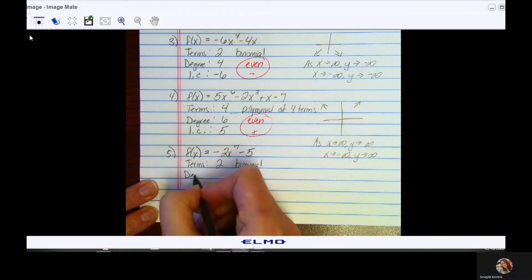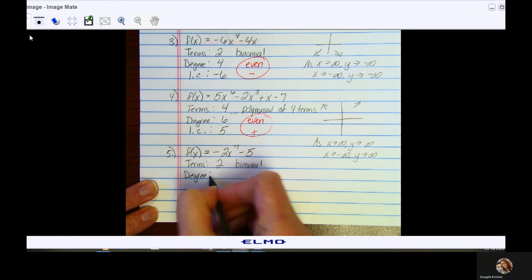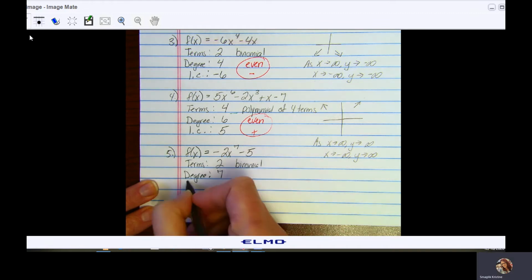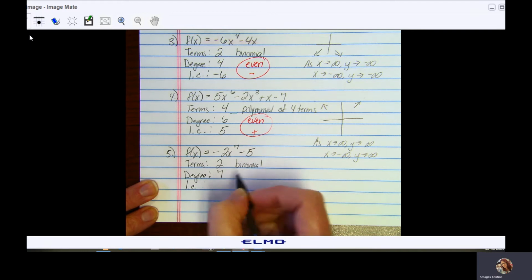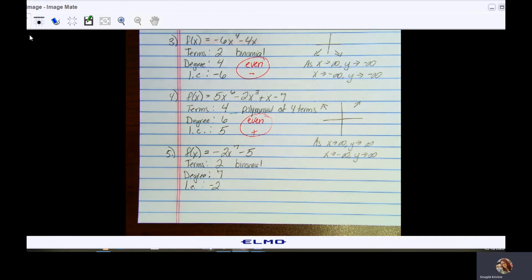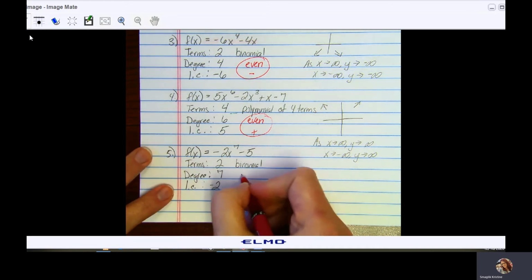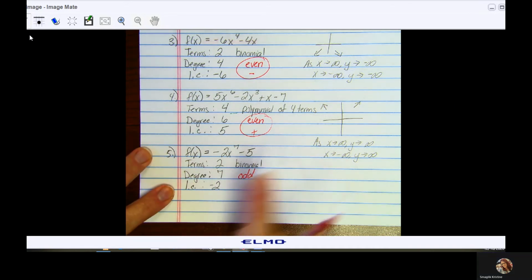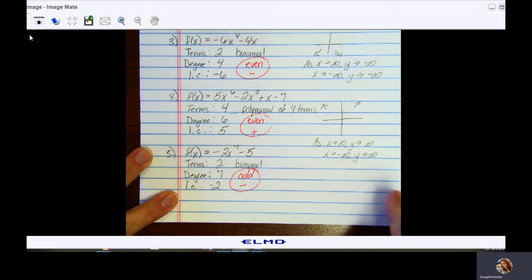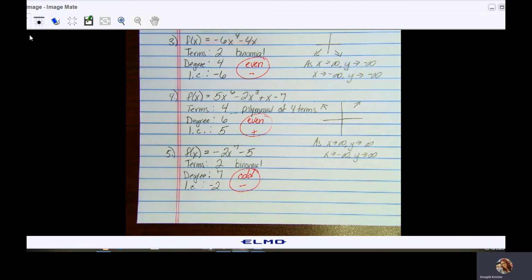Degree is 7. My leading coefficient is negative 2. So for end behavior, my degree is odd. My leading coefficient is negative. So this is odd negative.